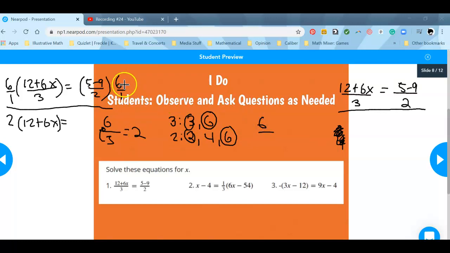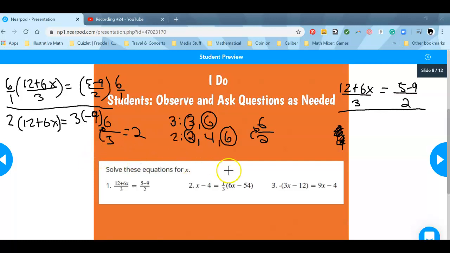So 6 over here, then the 2 here. That's going to give me 3. So then 3 times the quantity. And then what's the difference of 5 and 9? It's going to be 5 and negative 9. So it's going to be negative 4.